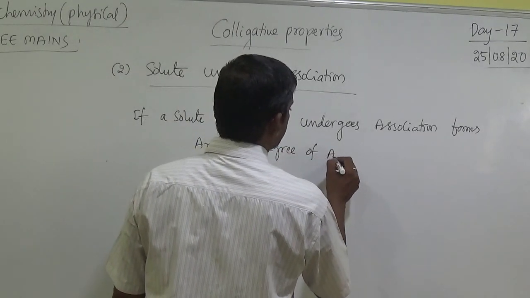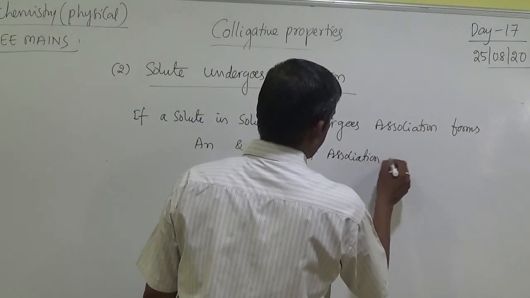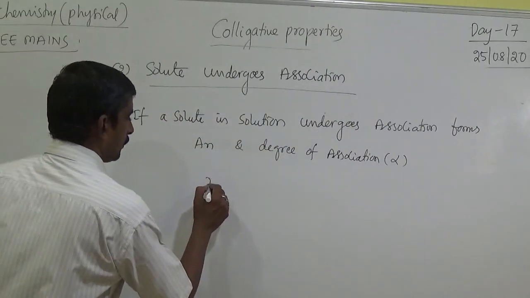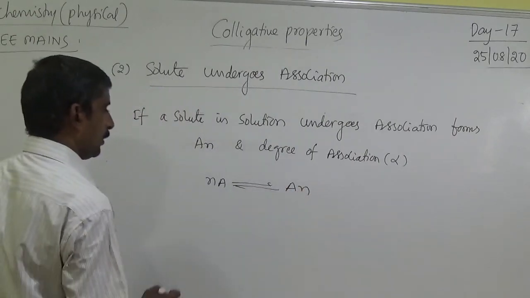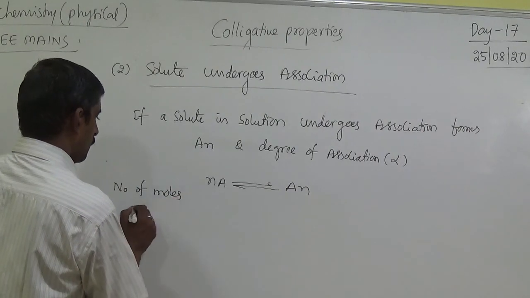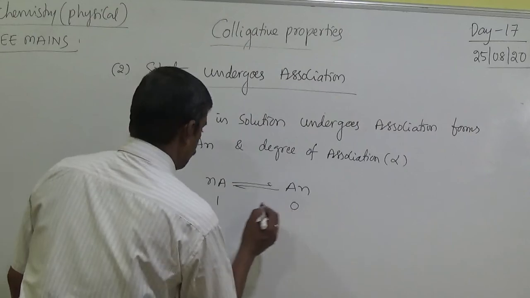Degree of association alpha. In this case, I am taking n of A. Initial number of moles: 1 and 0.